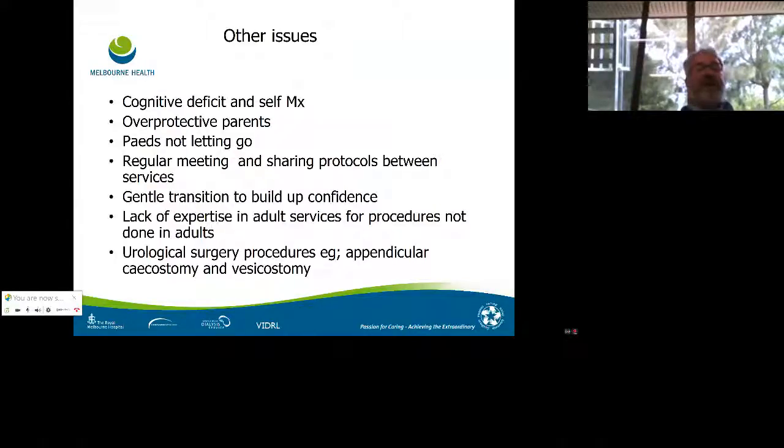And again, the urological surgery procedures are really quite unusual, and I would also say some of the neurosurgical procedures, and tethered cord being one of the major issues associated with that.